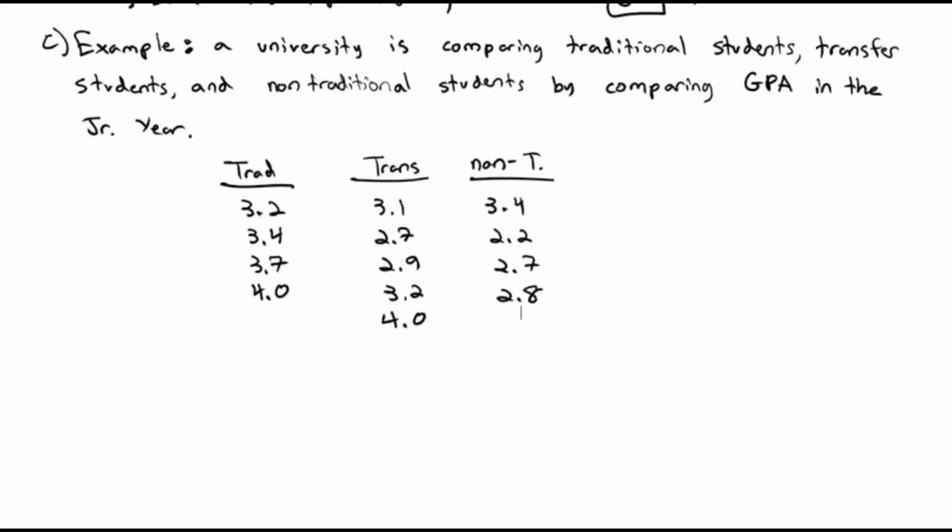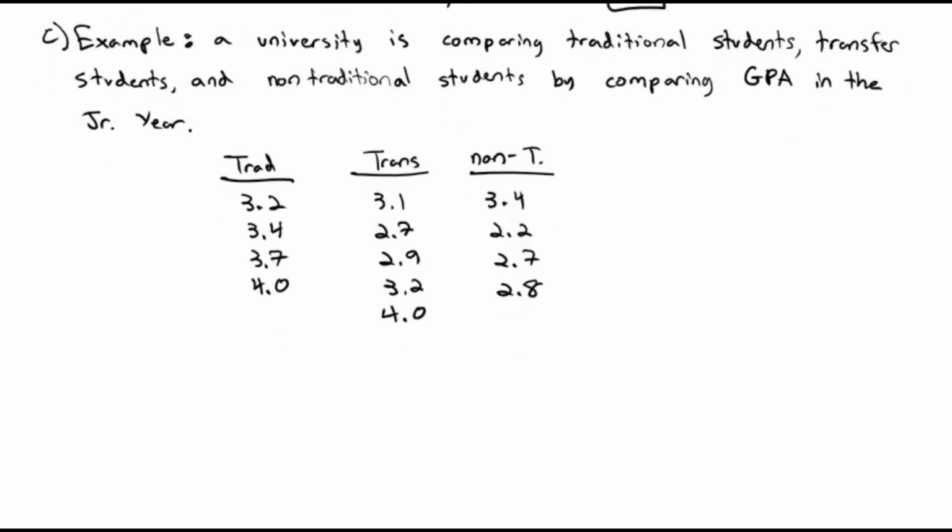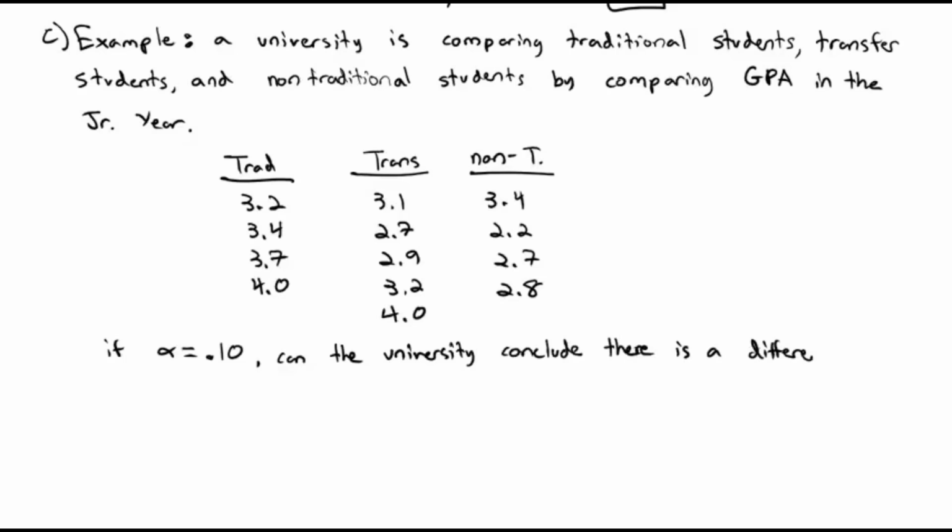We want to know if all three groups can be considered to have the same GPA or different GPAs. If alpha equals 0.10, can the university conclude there is a difference in the groups?